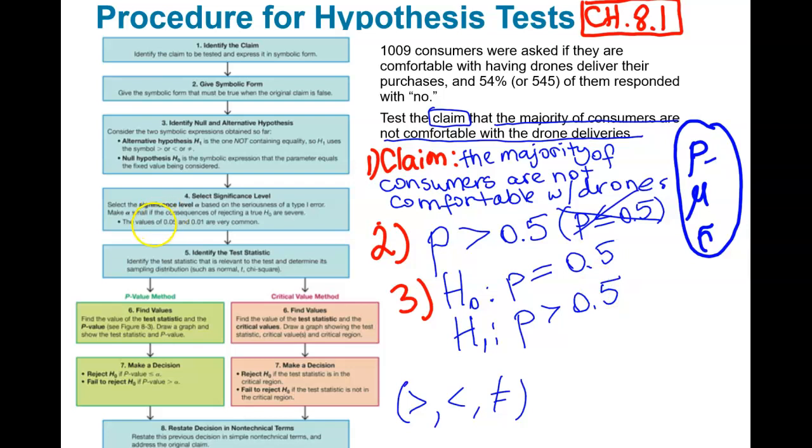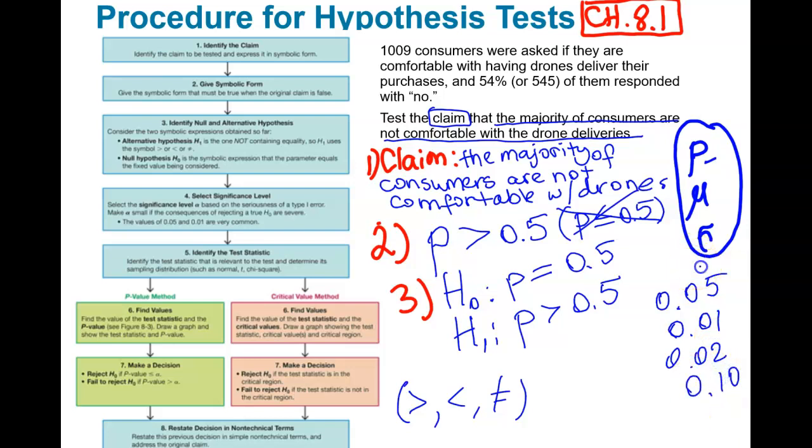Now we want to select the significance level. The significance level is our alpha that we want to test. Usually it's 0.05 or 0.01, for the confidence level 95% or 99%, or it can be 0.02, or it can be 0.1.